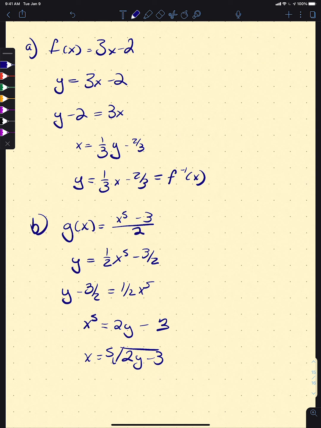But now we've done it. Now that we've solved for x, we can switch our x's and y's to get y is the 5th root of 2x plus 3, which is indeed the inverse function. Once again, check that on your own.